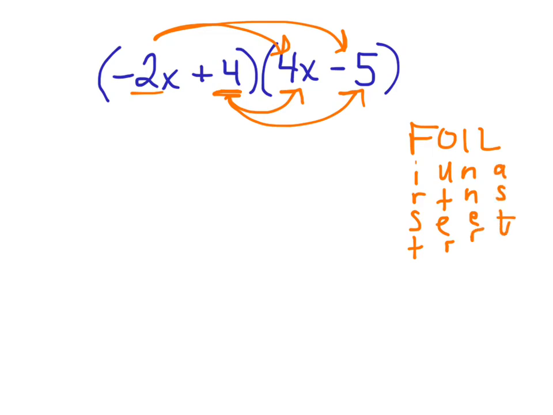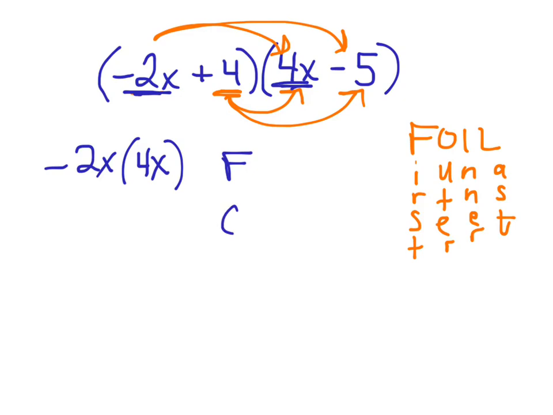In this case we have 2 terms which are first, and that would be the negative 2x and the 4x. So FOIL is reminding you of the 4 different multiplications. You're multiplying the first terms, the negative 2x and the 4x. Then the outer, we have 2 terms on the outside, a negative 2x and a negative 5, so we need to multiply those.